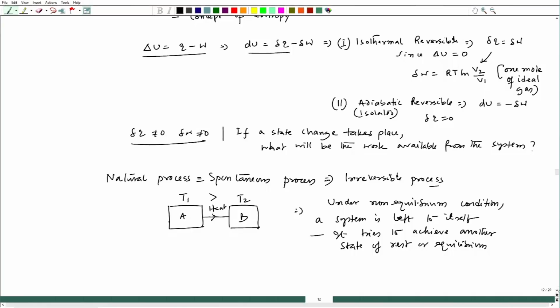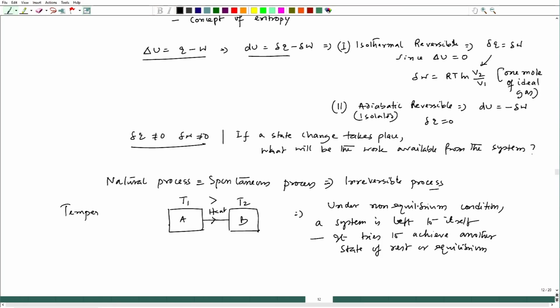That is what is called an irreversible process. A similar example can be given, talking about temperature effect. Heat flows spontaneously from high to low.